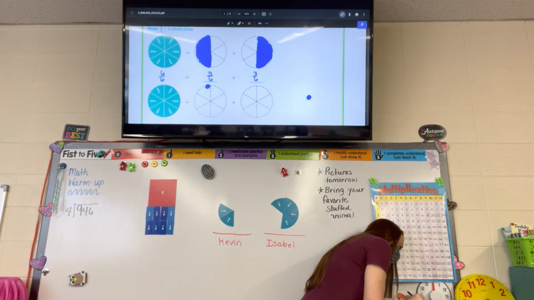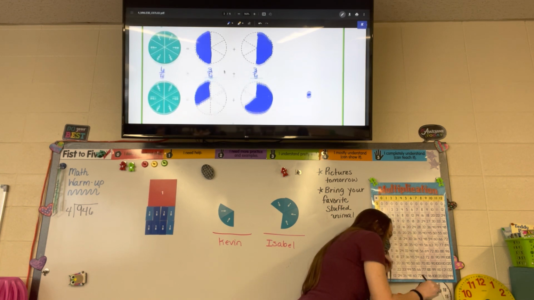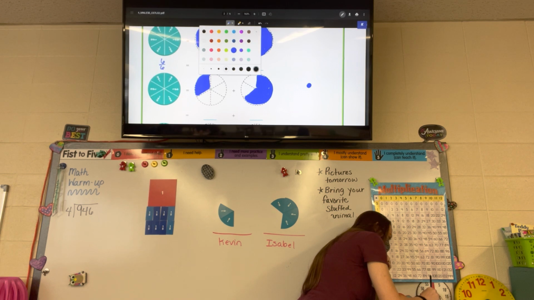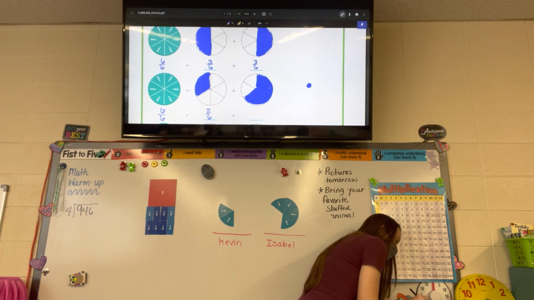So we'll give Kevin 2 pieces and give Isabel 4 pieces. And the equation for this one would be 6/6 equals 2/6 plus 4/6.